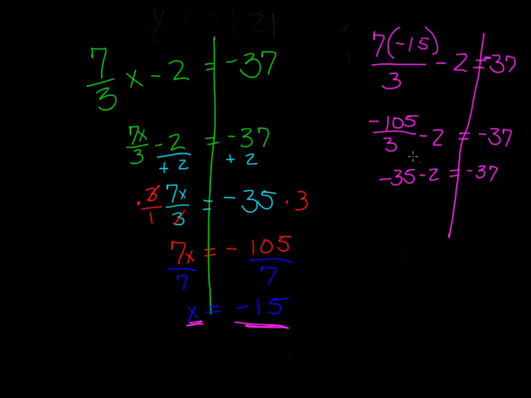We're subtracting two terms that have a negative sign to it. So, what do you do in that case? We're going to add the two terms together and keep the sign that both terms have. They both have a negative sign, so we're going to keep the negative. Add them together. 35 plus 2, 37 equals negative 37. Check step worked out.